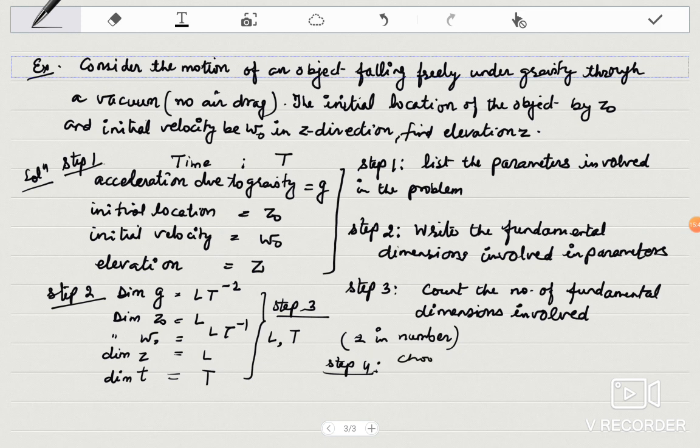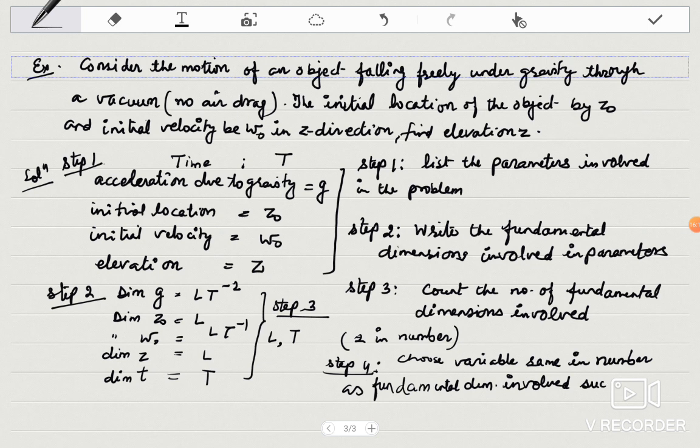So choose variables same in number as fundamental dimensions involved, such that these are independent.